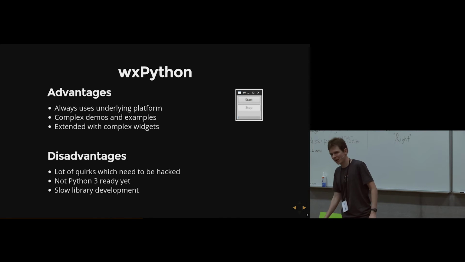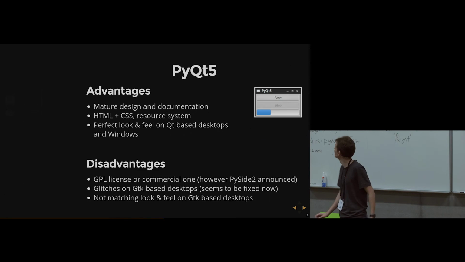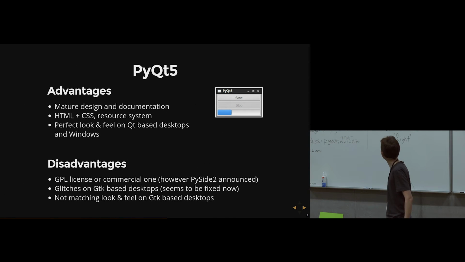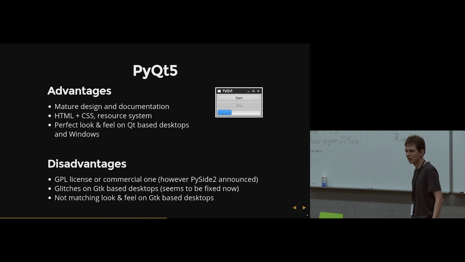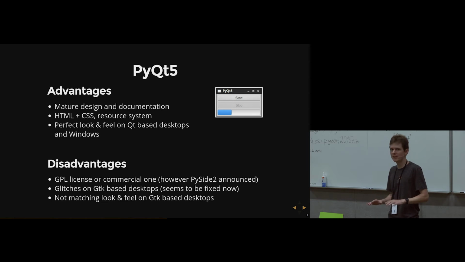So when I finally switched to Python 3, I needed a new library for my graphical user interfaces, so I tried PyQt5. Well, at that point it was 4. I moved to 5 when I could. And I was amazed because this library is very well documented, and it feels very mature. Like everything works. You are expecting it. It's very easy to use.